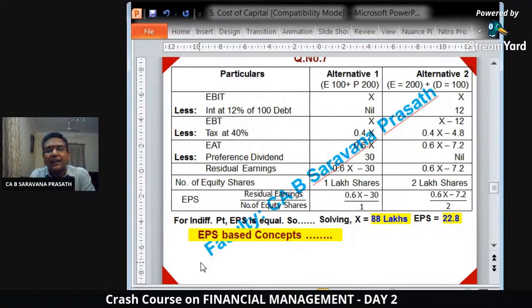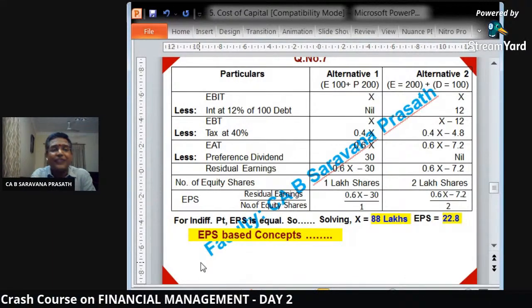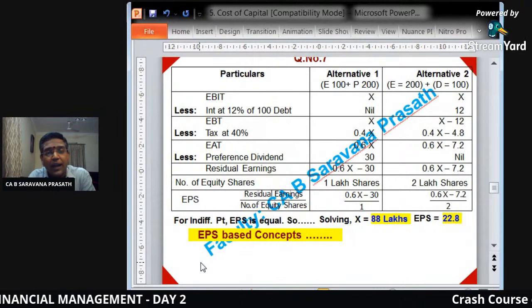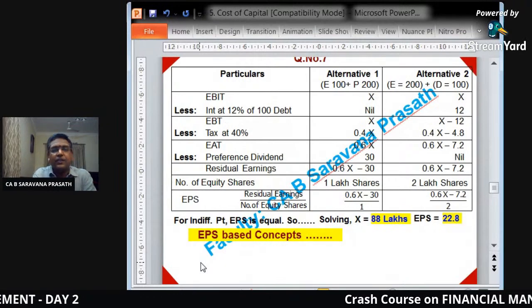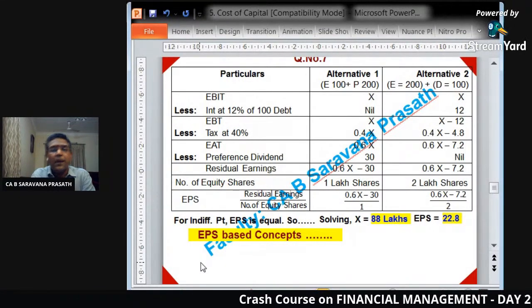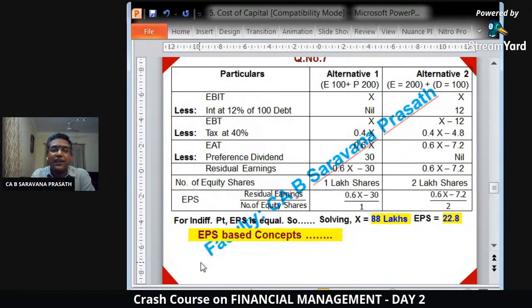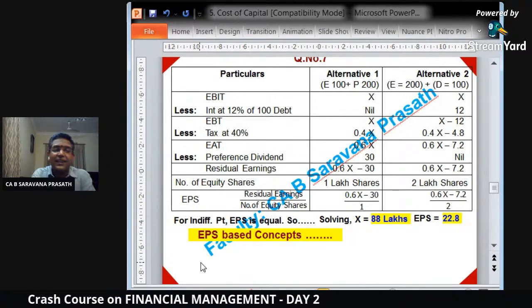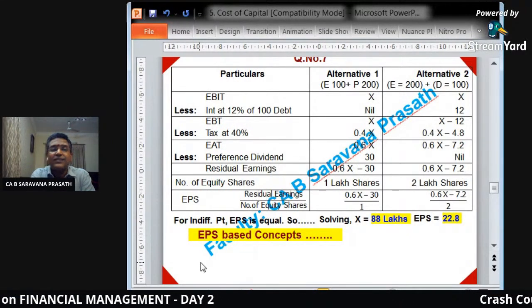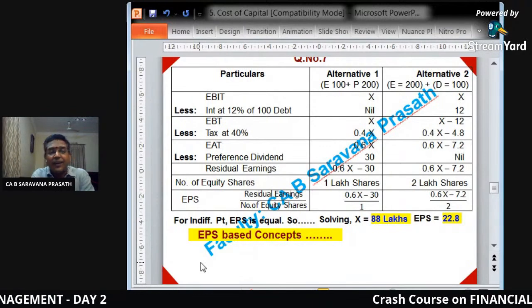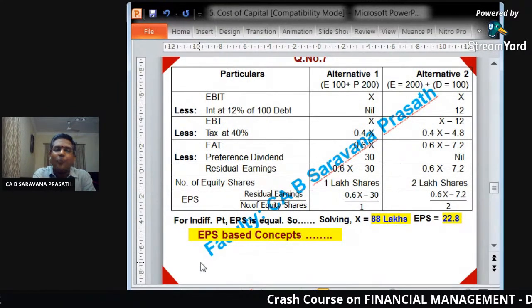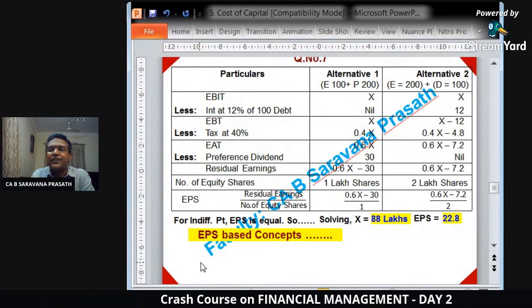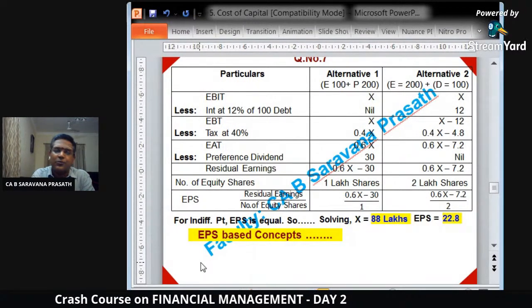So 100 lakh divided by 100 rupees gives 1 lakh shares in the first case and 2 lakh shares in the second case. So EPS is 0.6X minus 30, in lakhs, divided by 1 lakh. Since the numerator is in lakh, the denominator I am also going to write in lakh. So 1. Second case, it is 0.6X minus 7.2 divided by 2.